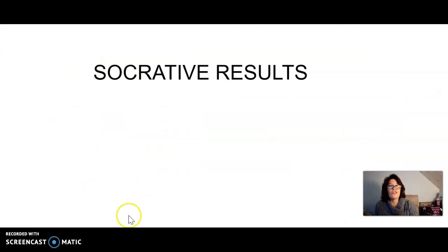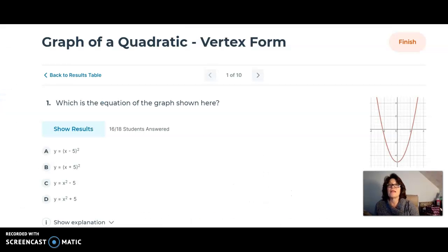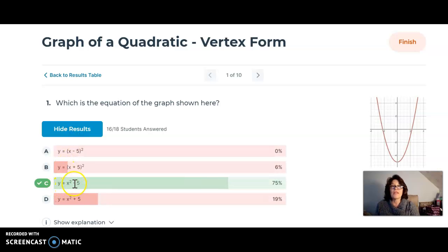All right, let's look at your Socrative results just to have an idea. You guys did a pretty good job. I had asked you to write the equations of these or match the equations. Since the vertex is shifted down to -5, the answer was y equals x squared minus 5.